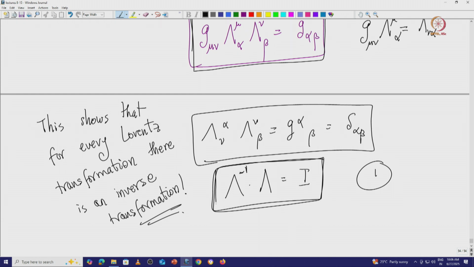This is the most important thing. Okay, let me stop here, and then I will continue again with the Lorentz transformations.